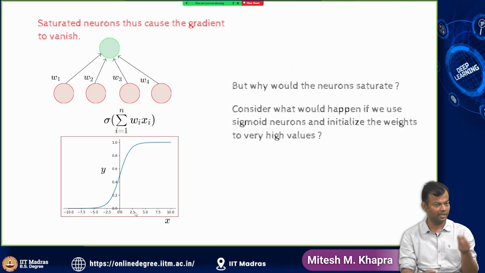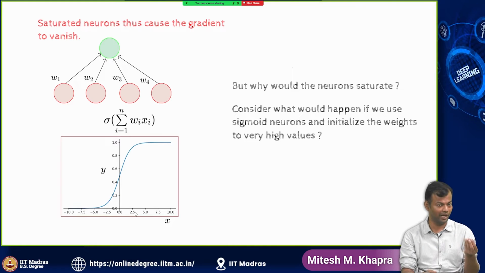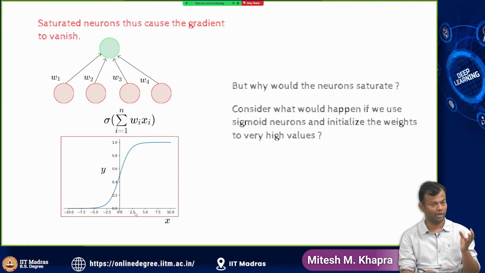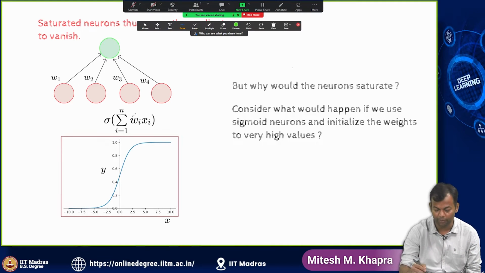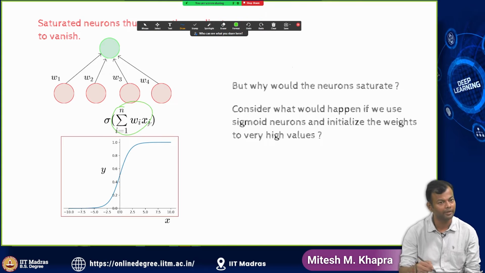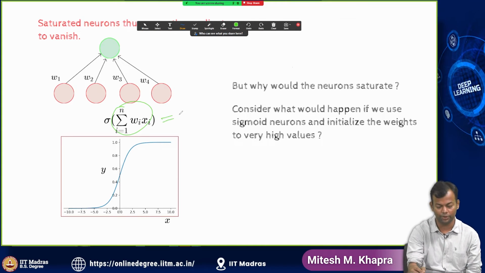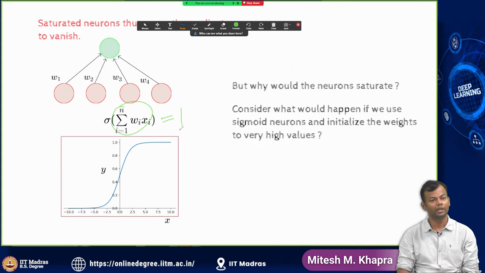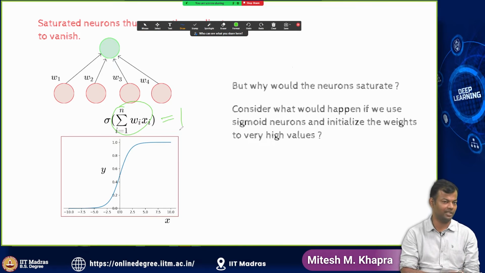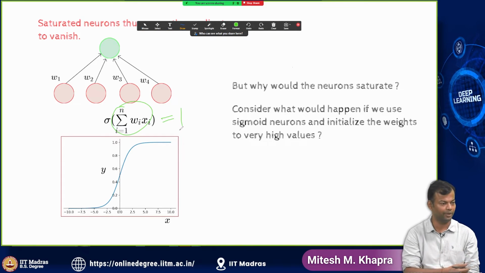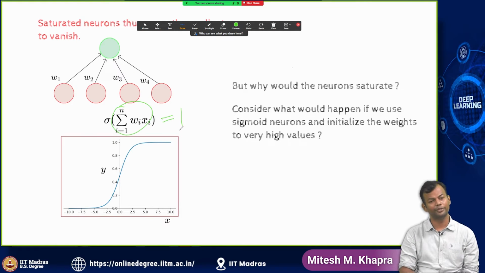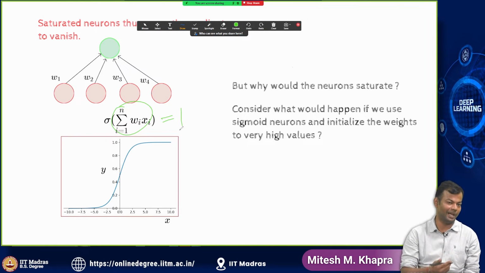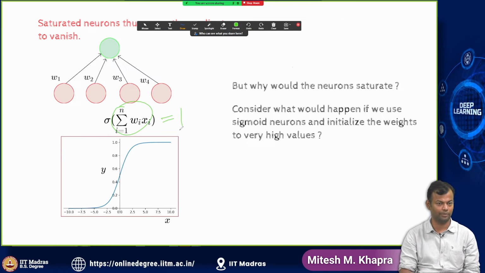So if your weights are initialized even reasonably high, then the quantity passed through the sigmoid neuron is going to be high, and the sigmoid is going to be close to 1. Similarly, if the weights are initialized to a high negative value, the same would happen: you would have a high negative value and the neuron would saturate to 0. Of course, you could argue, why would the weights be high? I would maybe initialize them to low values.